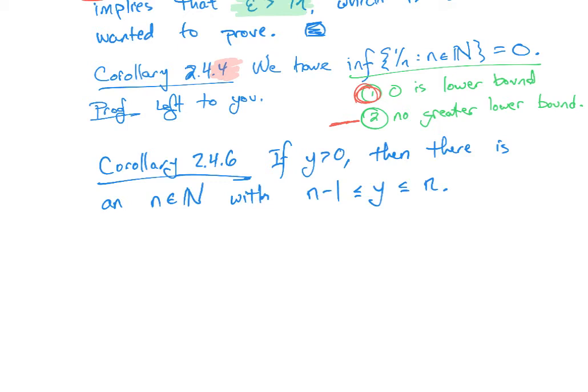Okay. The proof of this, again, I'm gonna just say a few words. I don't think we have time to write it all down. But what you want to do to get this n on the upper bound side, you want to look at the set of natural numbers that are, let's say, greater than or equal to y.